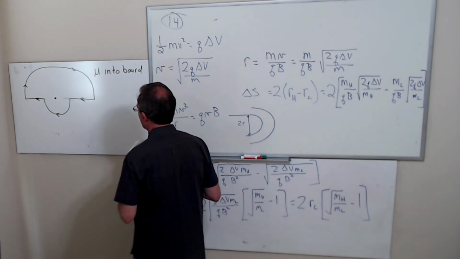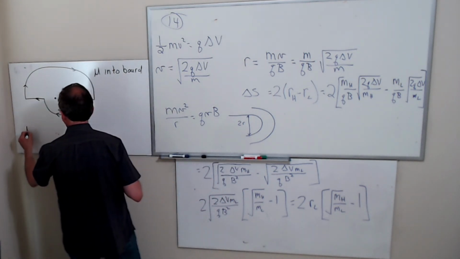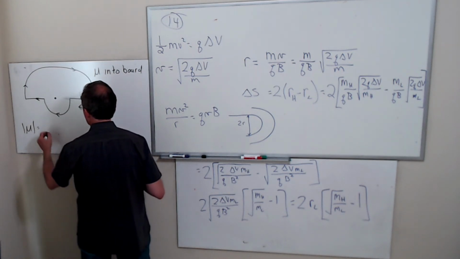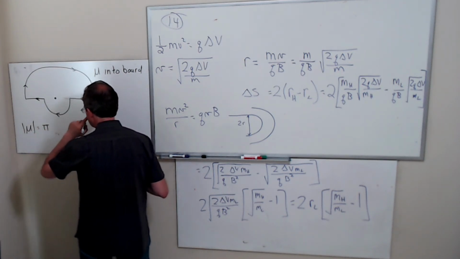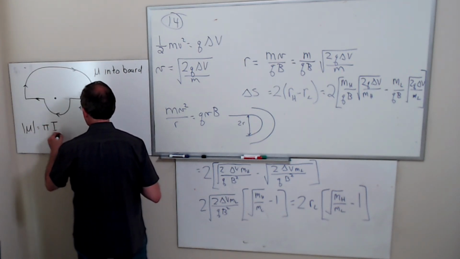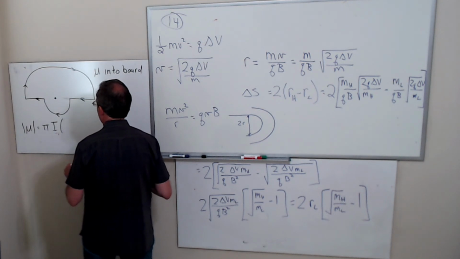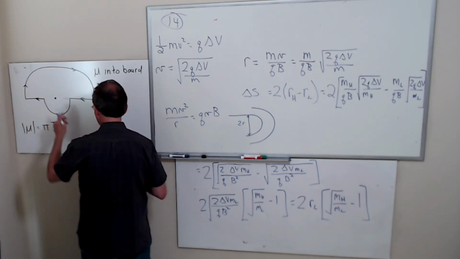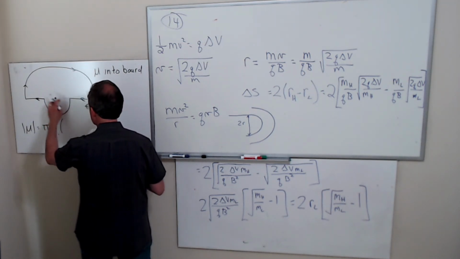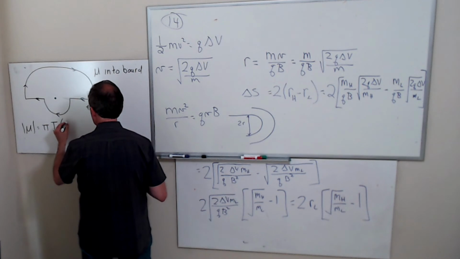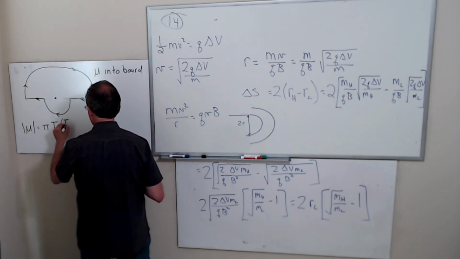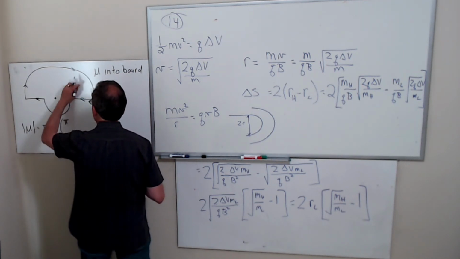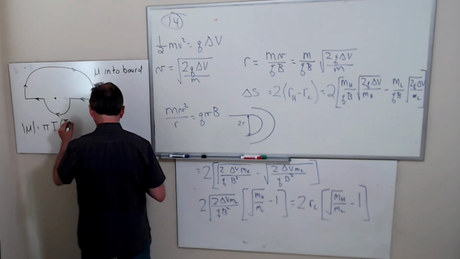Okay. And so the magnitude of mu is going to be pi times I times this half area and this half area.